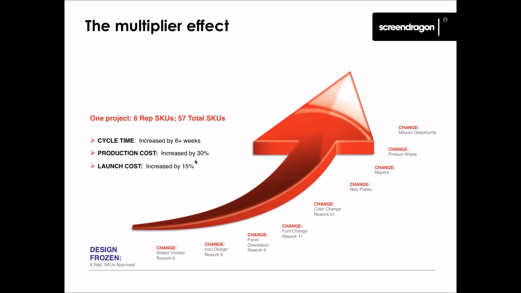And this is just an example from a particular CPG where cycle time could be increased greater than 6 weeks, production cost could go up 30% or more, and launch cost increase by 15%.